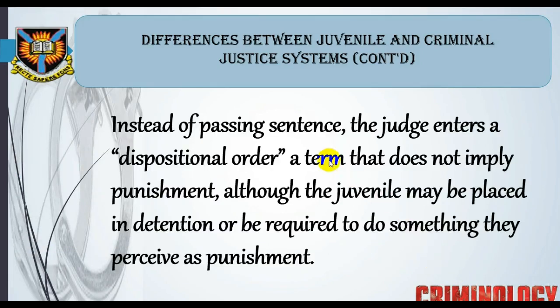Instead of passing sentence, the judge enters a dispositional order, a term that does not imply punishment, although the juvenile may be placed in detention or be required to do something they perceive as punishment.